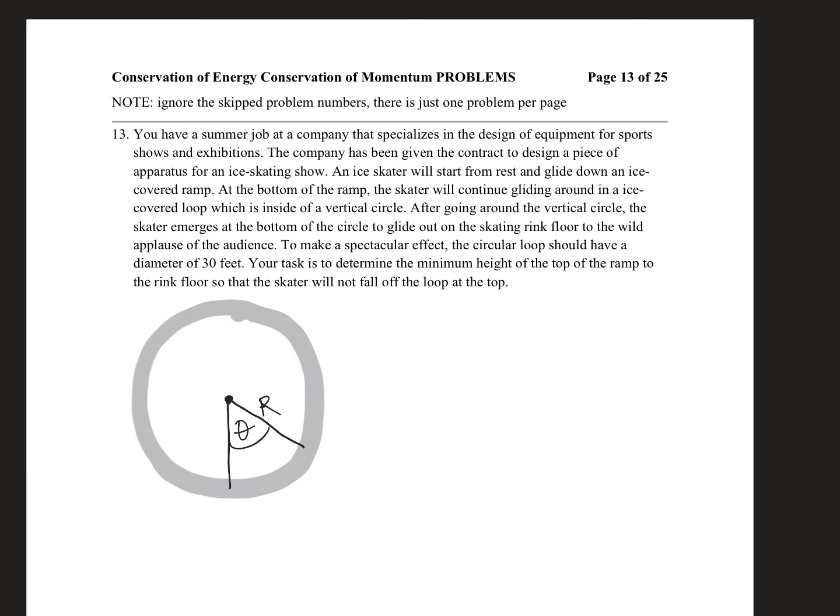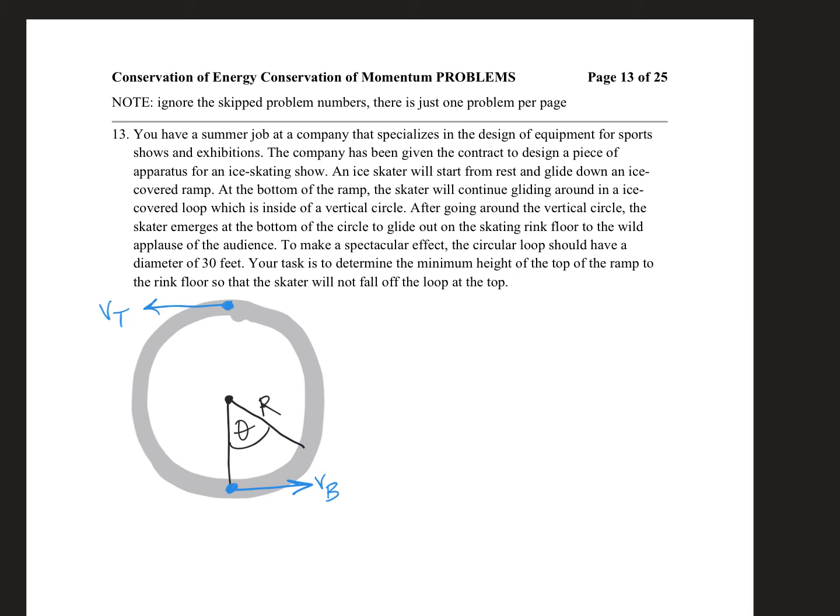So at the bottom where she enters the loop-de-loop, she has a velocity for the bottom of the loop. And at the top of the loop, she's going to have a velocity for the top of the loop. All right, we want that velocity at the top of the loop to be big enough so that she doesn't fall off, because that would be bad.